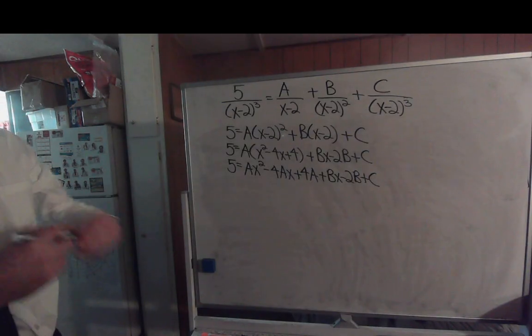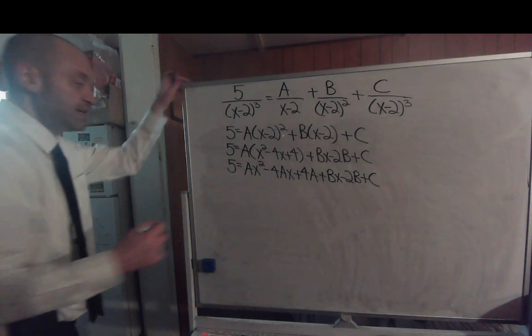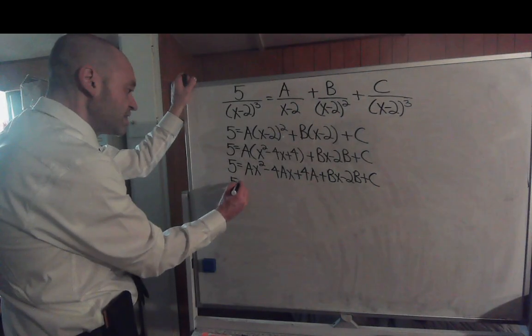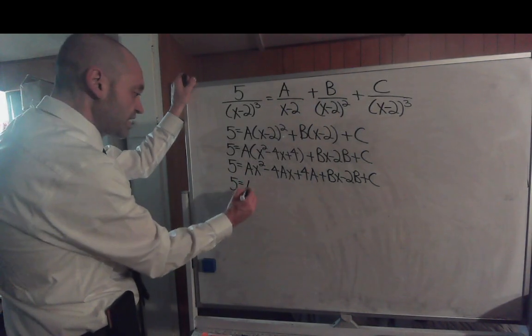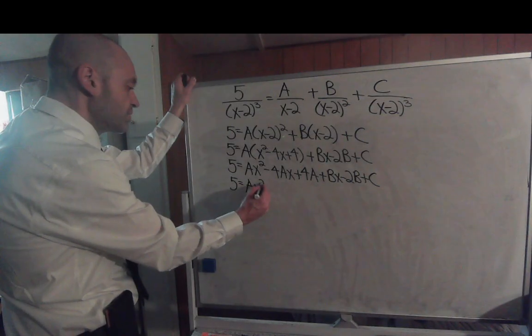And of course you want to group like terms to make your life easier. So you'll end up with 5 equals, you just have a single x squared term by itself, so ax squared.